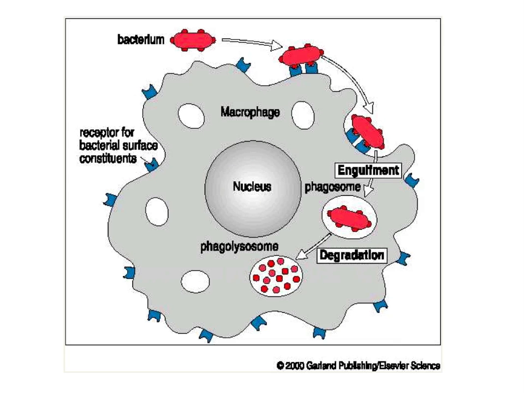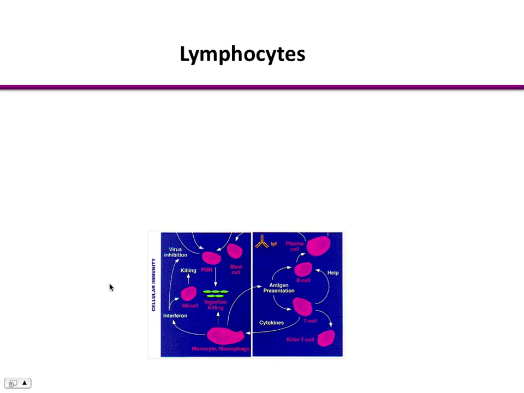So this is just a picture of the same: an opsonized bacterium binding to its specific receptors on the macrophage, and then engulfed, degraded, and often that leads to cytokine production.